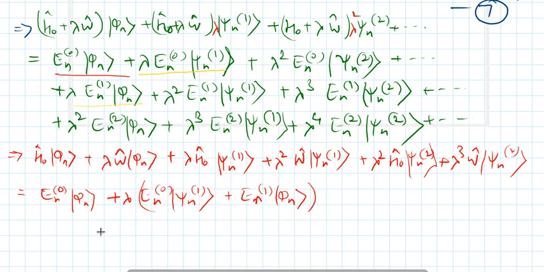Then lambda square terms: this is one lambda square term, on this side there is another lambda square term and another, and so on.